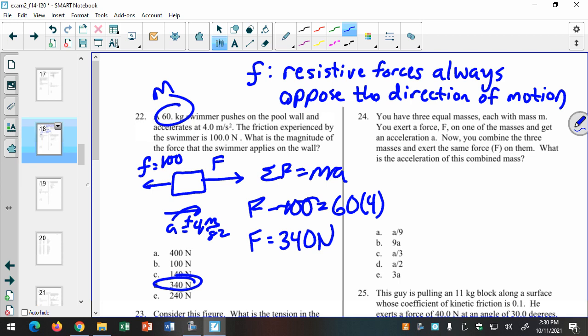So see here, the wall of the pool is right here. Any of y'all ever swim? Yeah, so you push with your feet off the wall. And so this is the force that you're pushing with your feet. And then this is the force that's pushing back against you. So she's moving in this direction to your right. So the frictional force, or the resistive force, opposes that direction of motion and pushes back in the opposite direction. Okay?